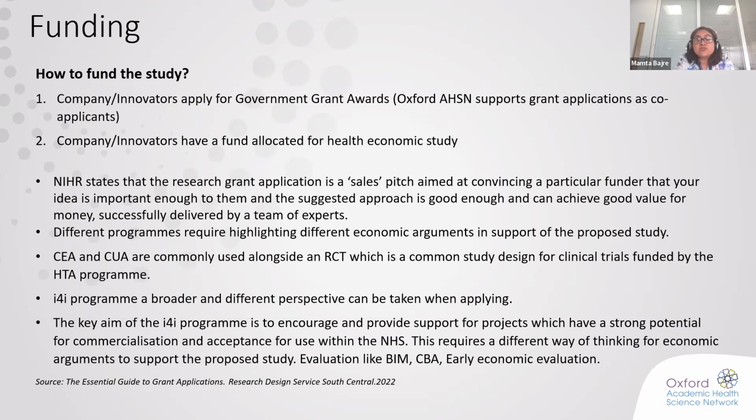And once the grant is awarded, the work package that was agreed as in health economics, we work on it and we produce a report. Another way of funding could be the company or the innovators. They always allocate a health economics fund because they want to know the cost effectiveness of that technology, the cost benefit of implementing that new intervention in the pathway. So they always keep some fund aside.